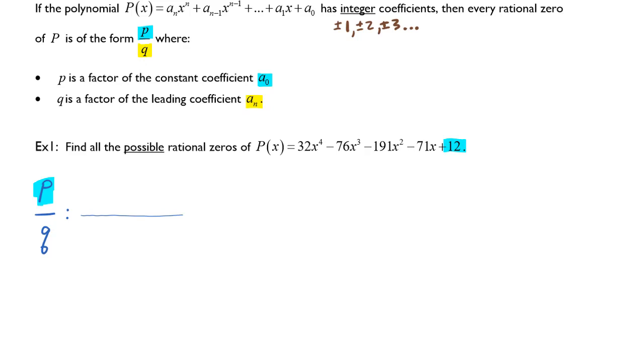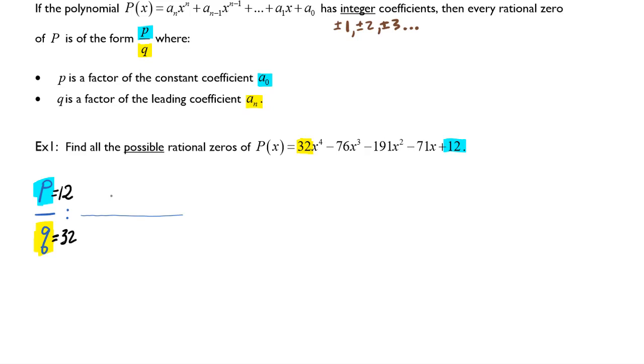Now remember, p is a sub 0. That's my constant term. So I have p equals 12 in this case. I also need to find q. Q is the leading coefficient a sub n. So in my particular case, q is 32.